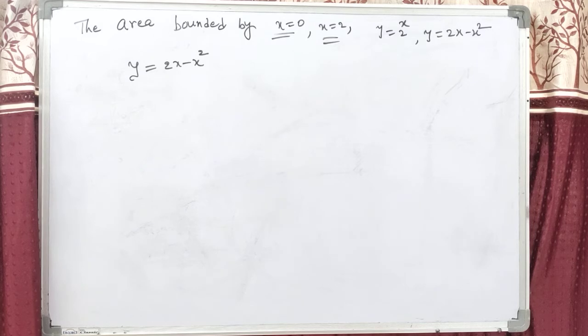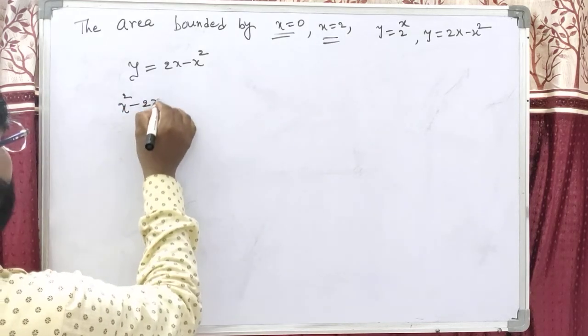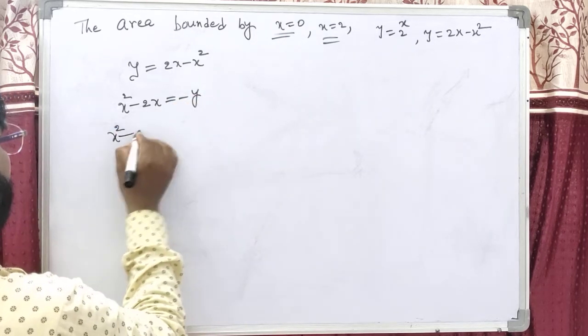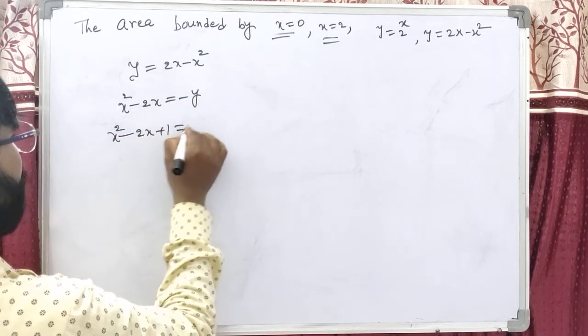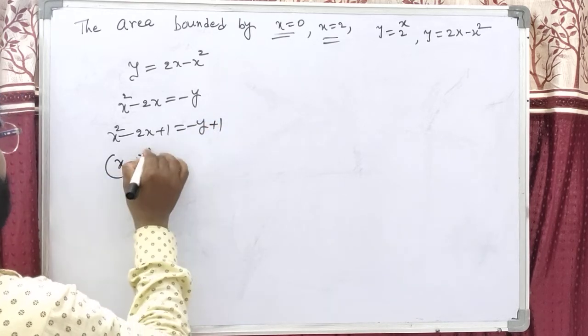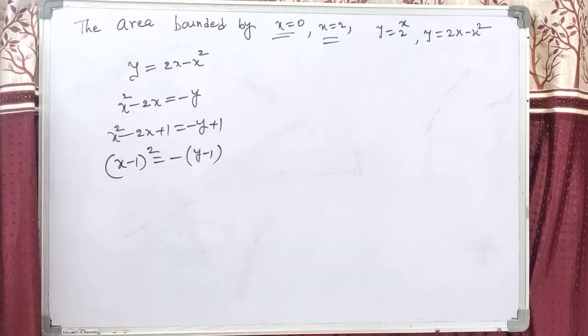Now this is multiplied by minus: x square minus 2x equal to minus y. We can take plus 1 on both sides. This is, students, x minus 1 whole square equal to minus of y minus 1.